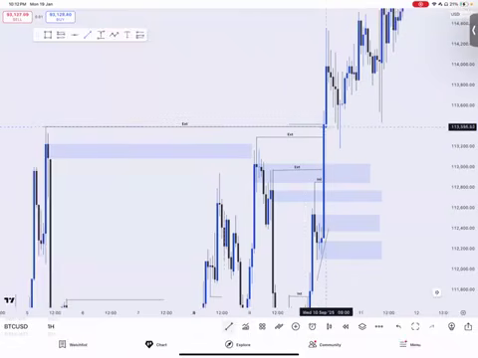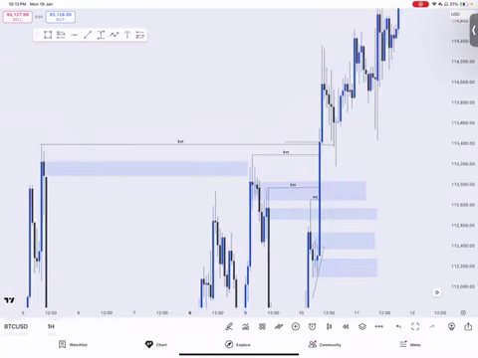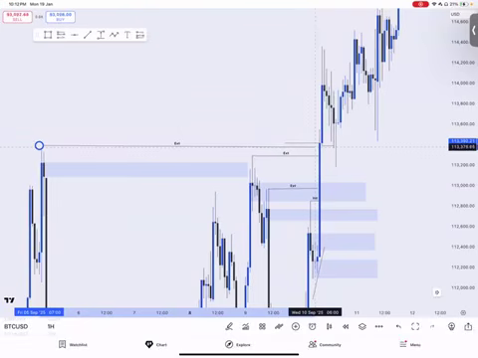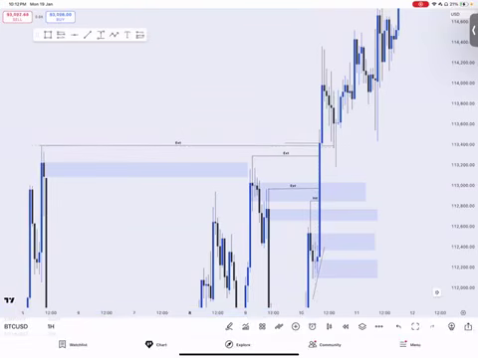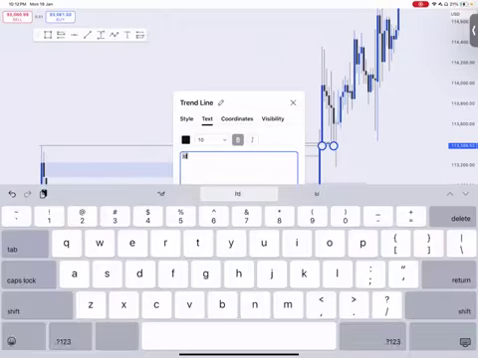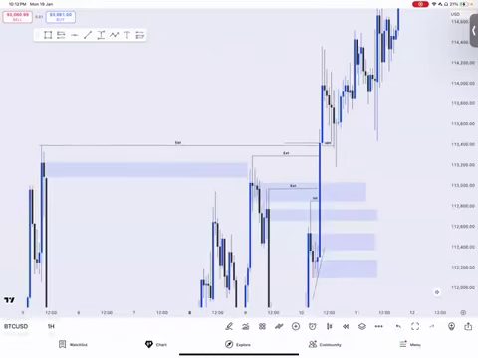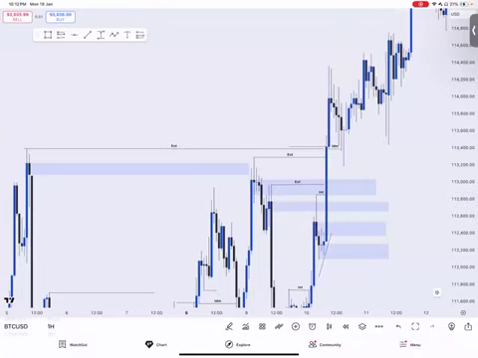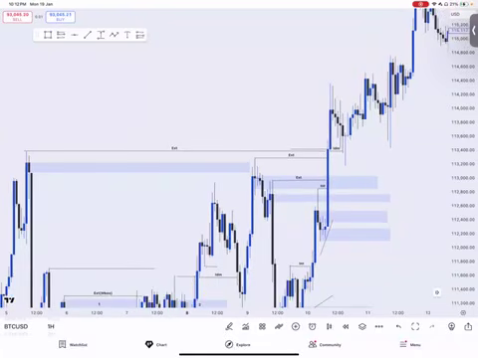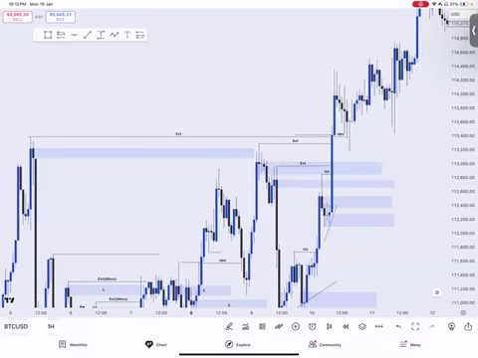This is the pullback. This is the inducement here. So we have our inducement as well. That is the inducement there.